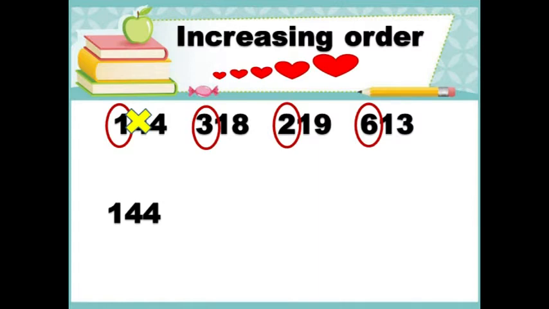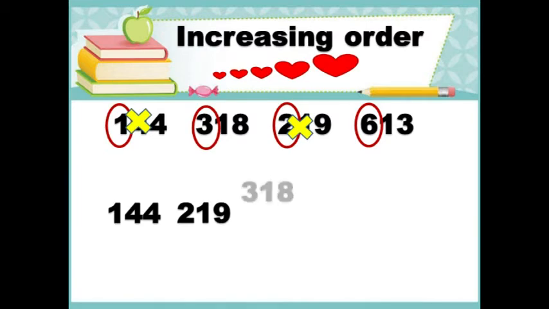Which among the three is the smallest? We have the number 2. Very good. So next, we will write the 219. So we have the 318 and 613. We have 3 and 6. Which among is the smallest? The smallest is number 3. Very good.